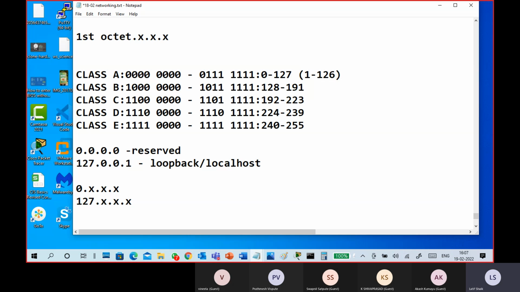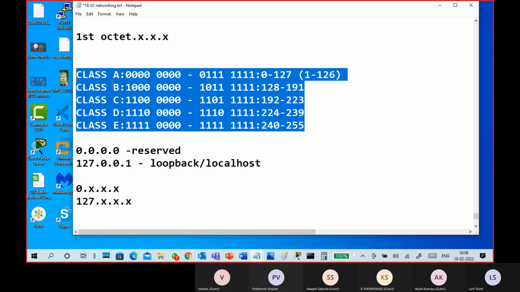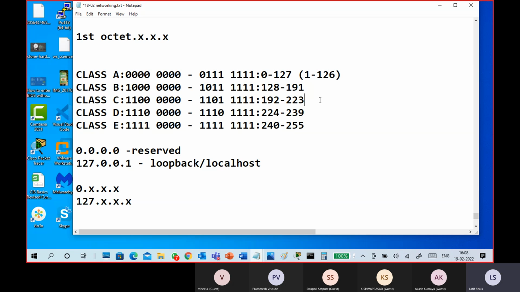So this is the complete range. This last one is R&D, we don't use it. This is a multicast address. These first three are unicast addresses, and this is a multicast address.